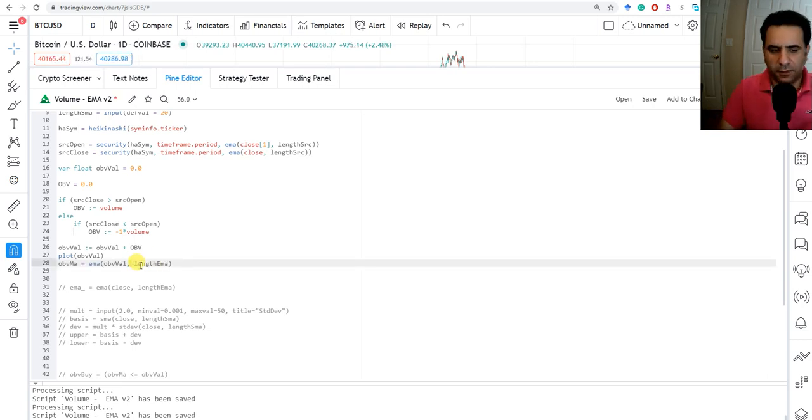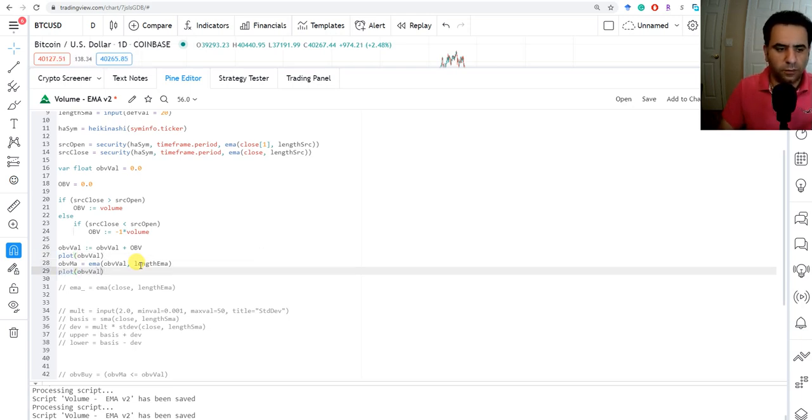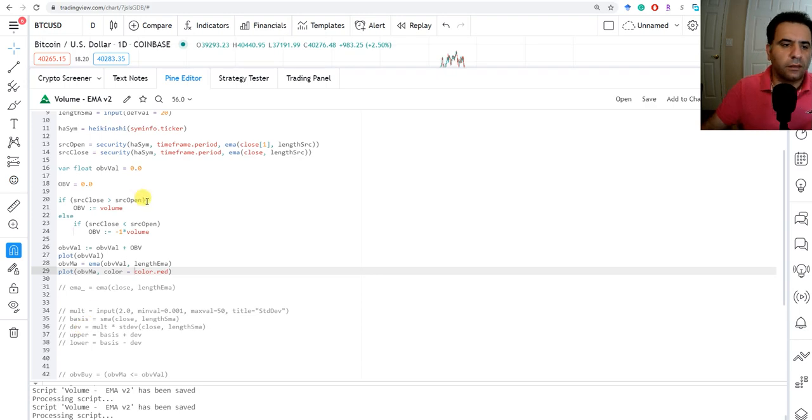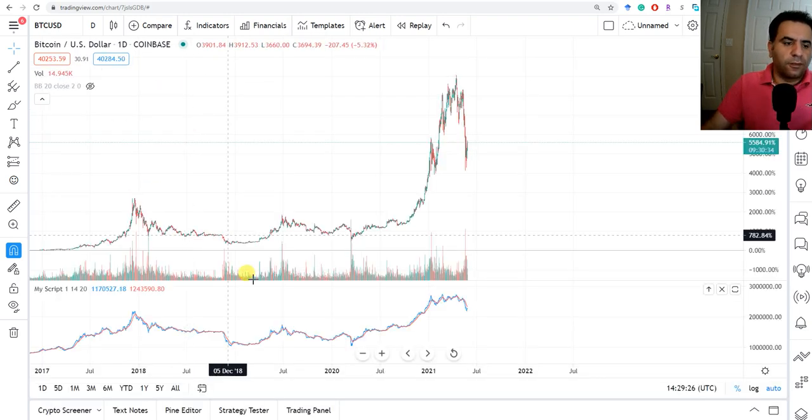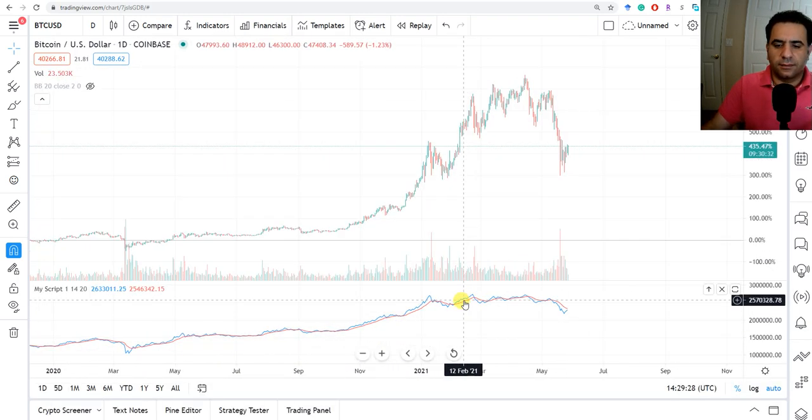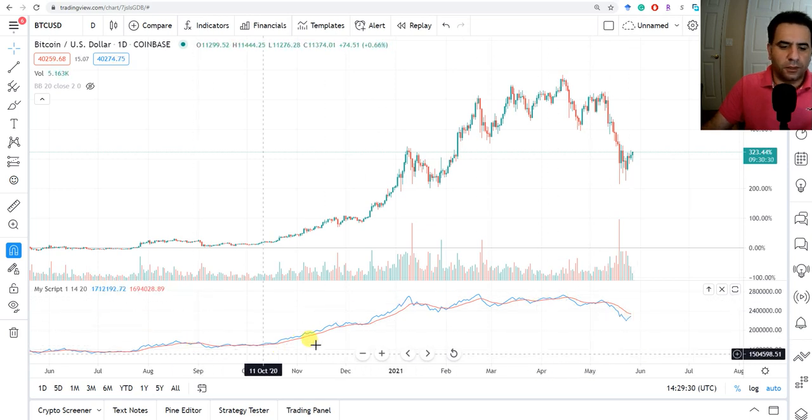Let me apply this, and now I also want to plot the OBV. I call this one OBVMA. I want to give it the color red, so we know that the red line indicates the smooth signal. Now you can see it, and it's pretty good.